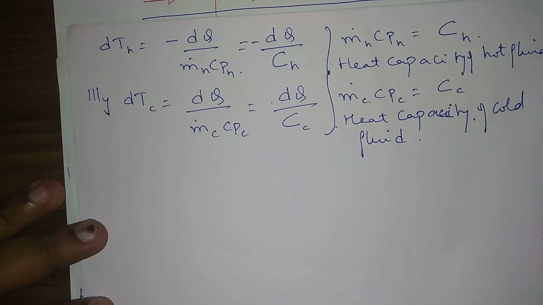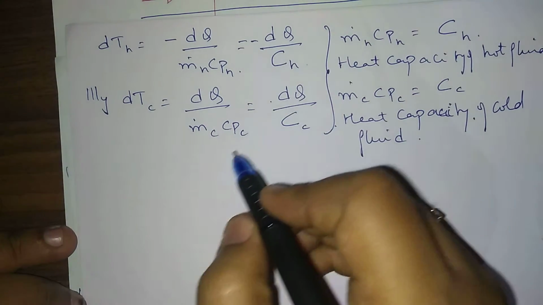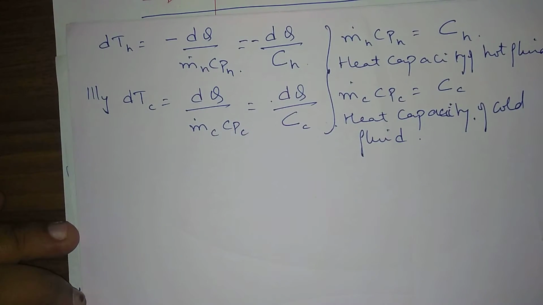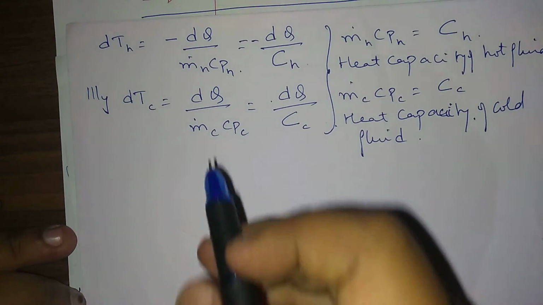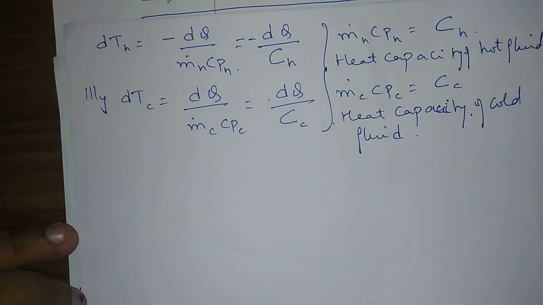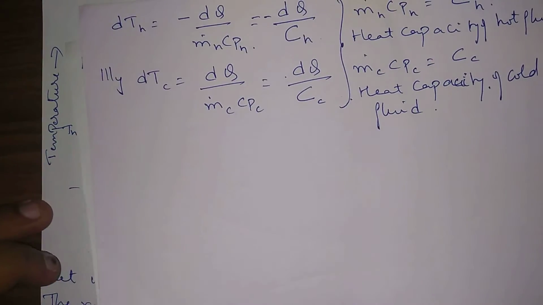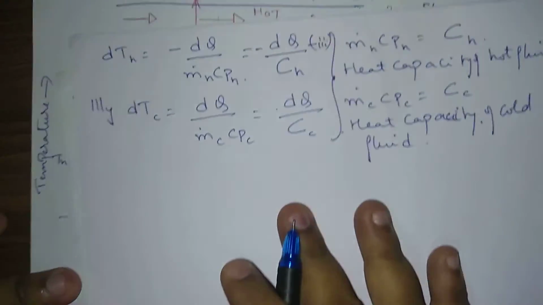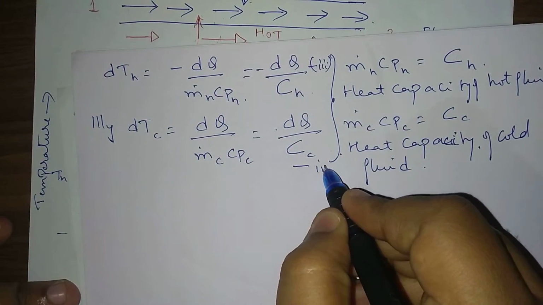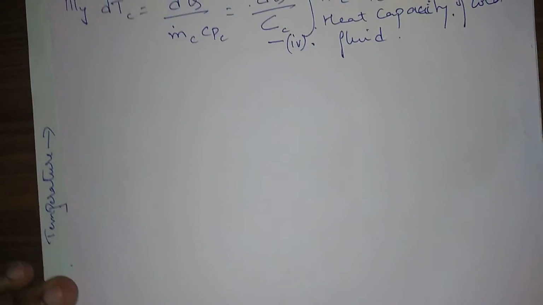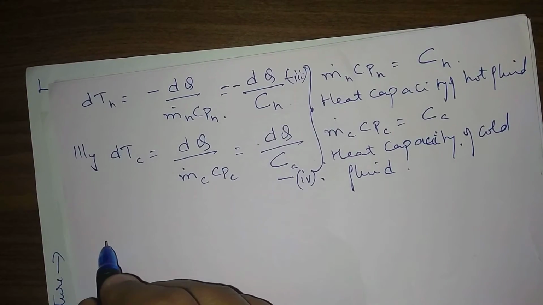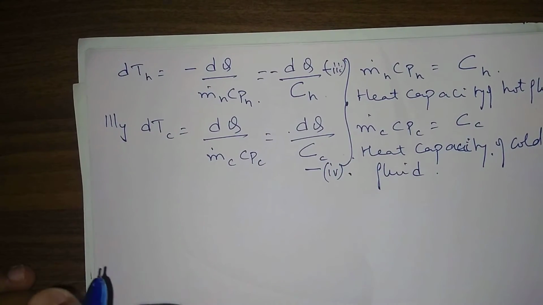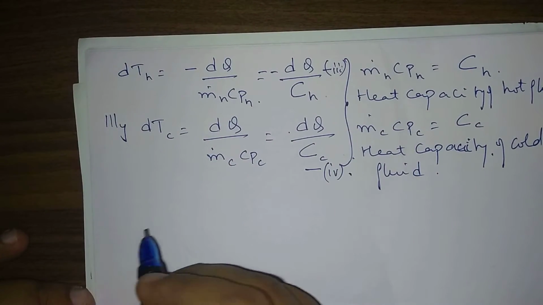Next, let us subtract these two equations. Equation 1 and 2 are there, so let us call this equation number 3 and this equation number 4. Now let us do the subtraction, equation 3 minus equation 4.